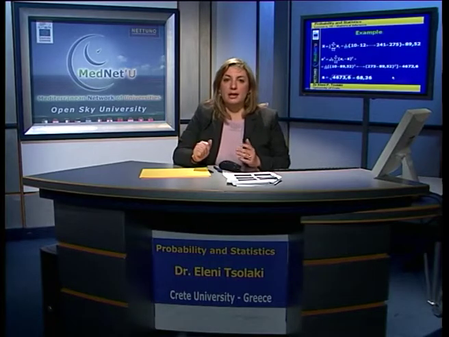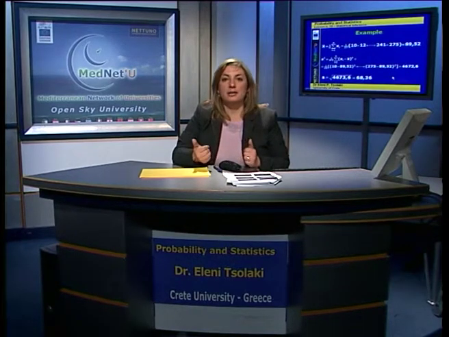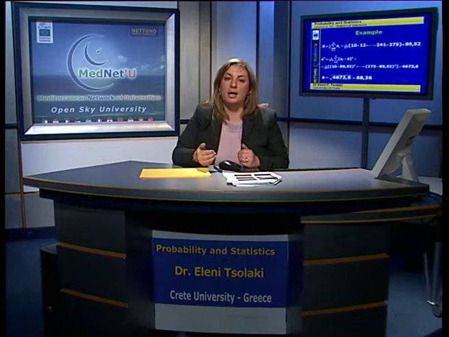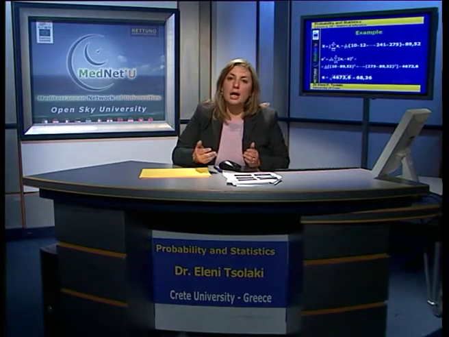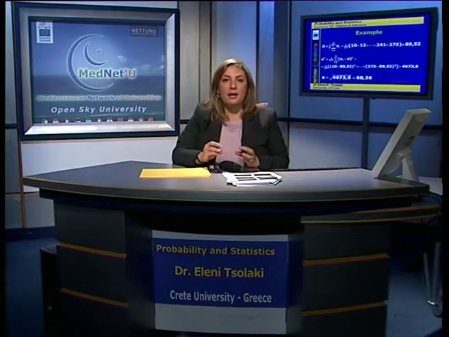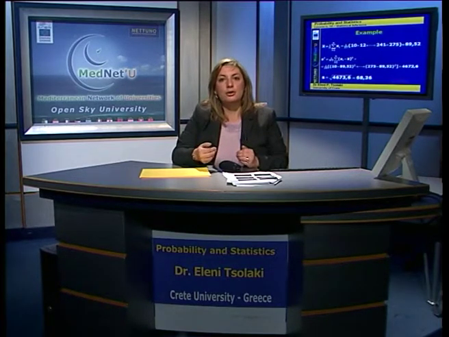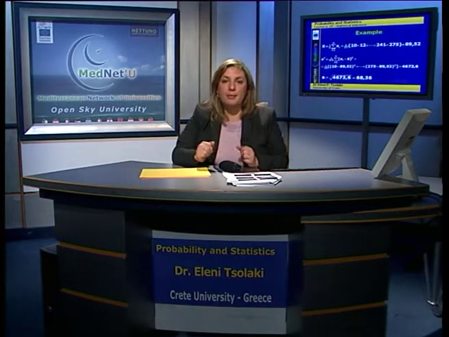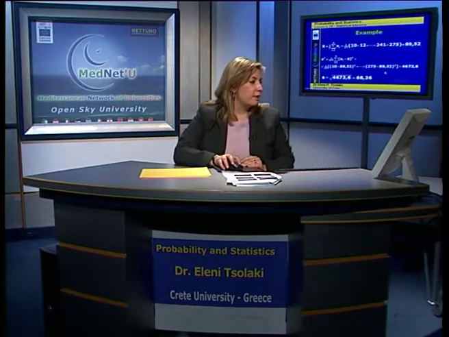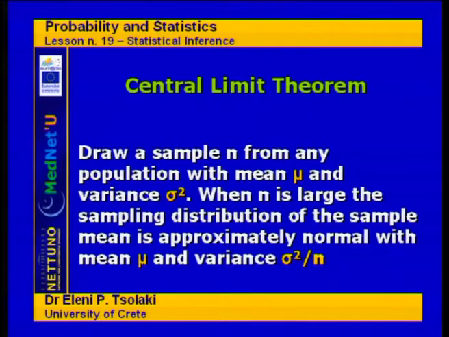Now that we have seen how to estimate parameters of the population using samples, we are going to see how we can put these two together and how we can actually draw conclusions for the population from these parameters using the sample, the estimators of the parameters. What we have here is a very important theorem, the central limit theorem, as it is called.